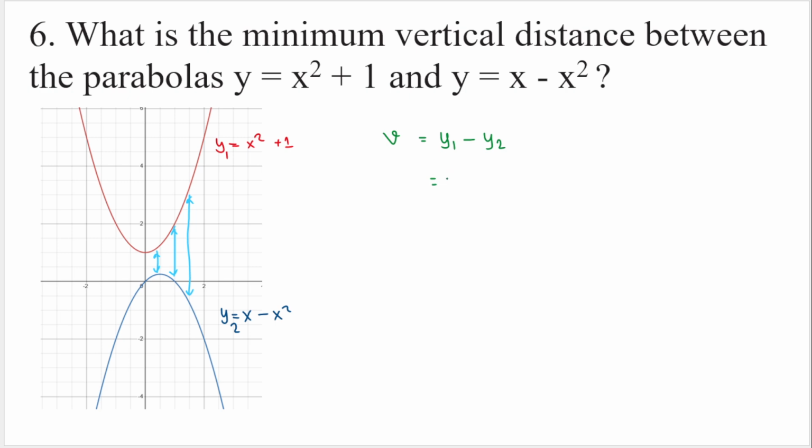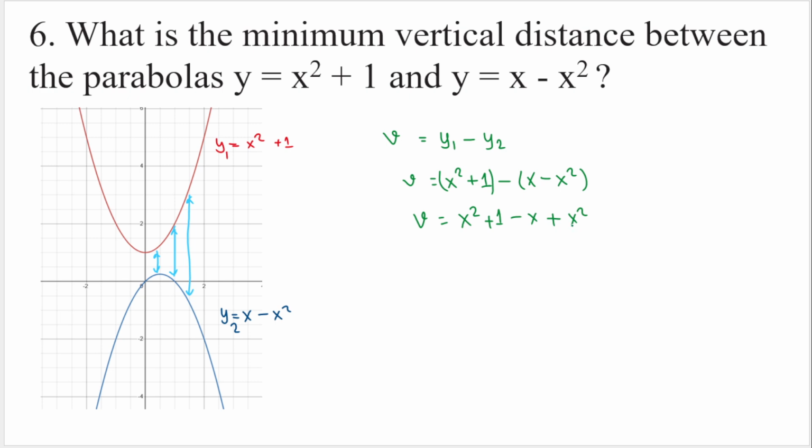So y1 is x squared plus 1. And then y2, I just put brackets so I don't get confused, and then I will have x minus x squared here. Okay, that is v, and then v is equal to x squared plus 1 minus x, and then plus x squared.